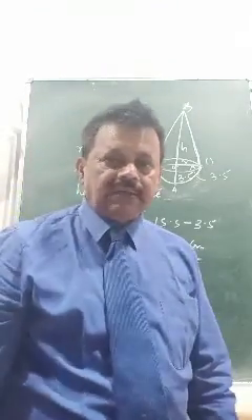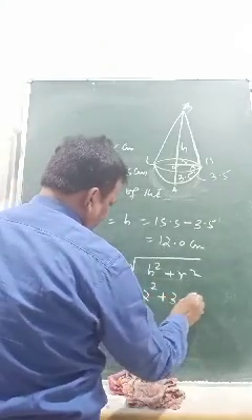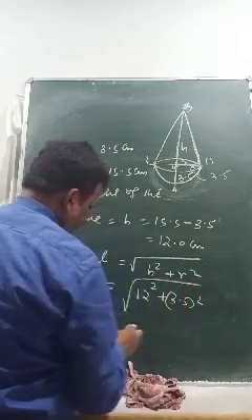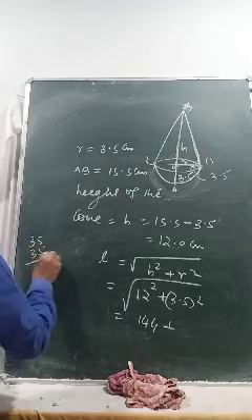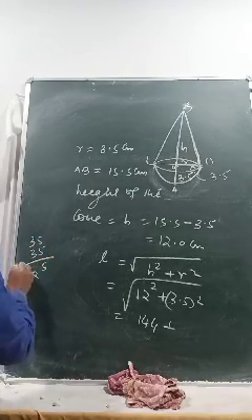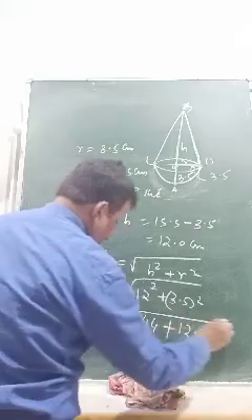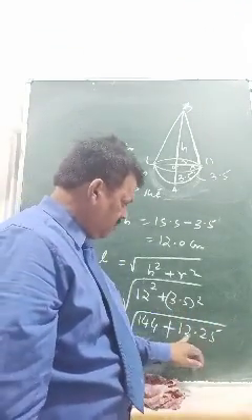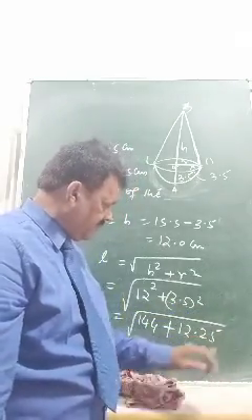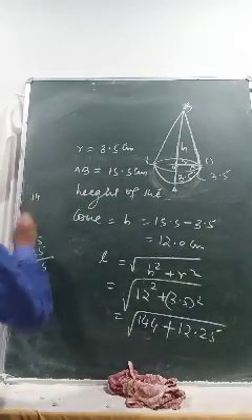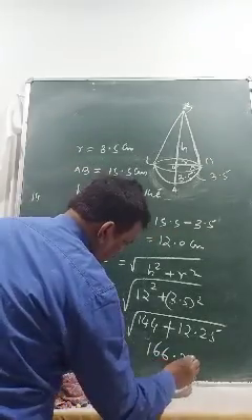So that becomes root over 12 square plus 3.5 square, that is 144 plus 12.25. 3.5 square is 12.25. If we add, we get root over 156.25.